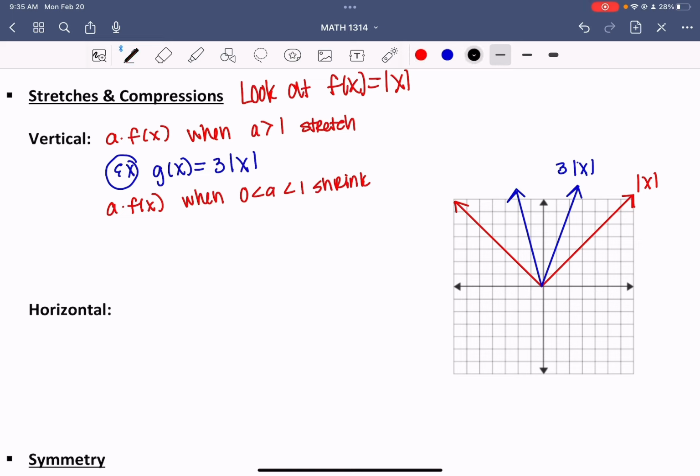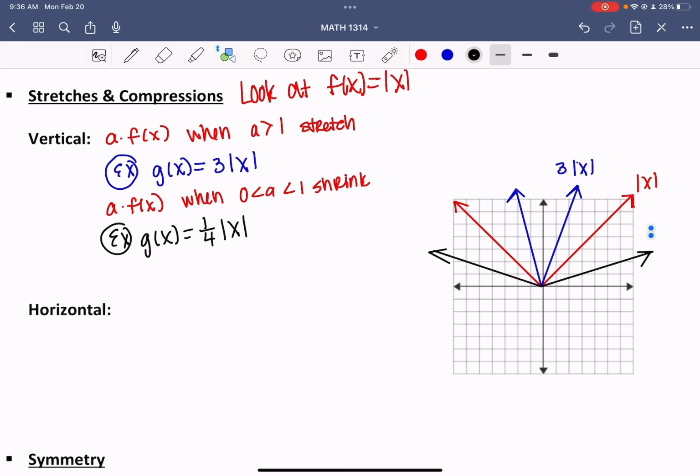So we're not considering if there's a little negative there. We know that's reflection. So let's kind of look at an example, put some numbers to it. So if I had, say, g of x equal to 1/4 absolute value of x, it would look like this. That would be 1/4 absolute value of x.